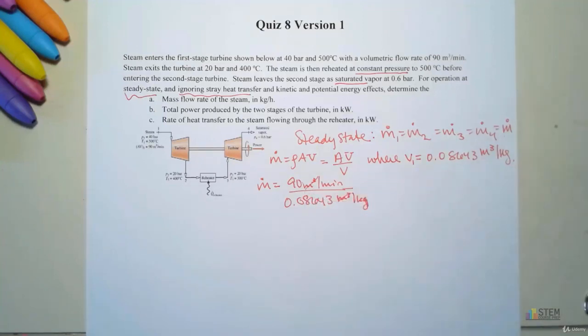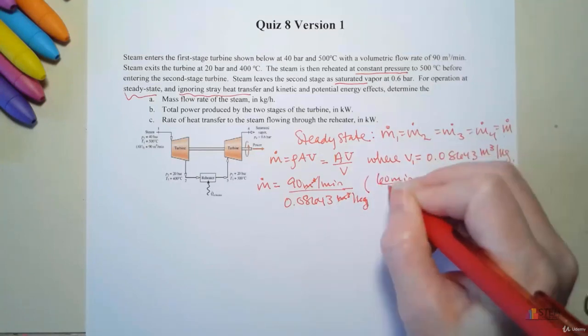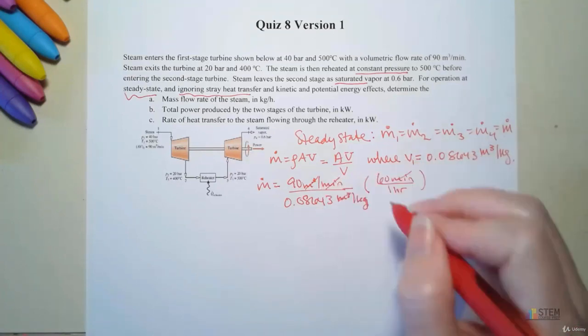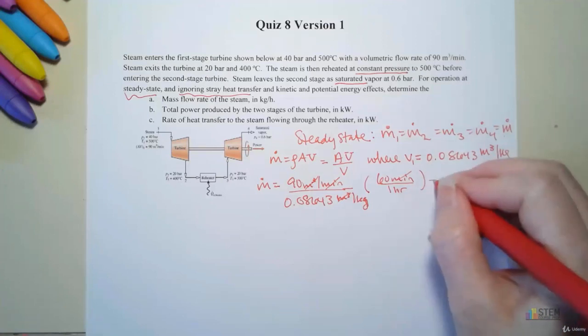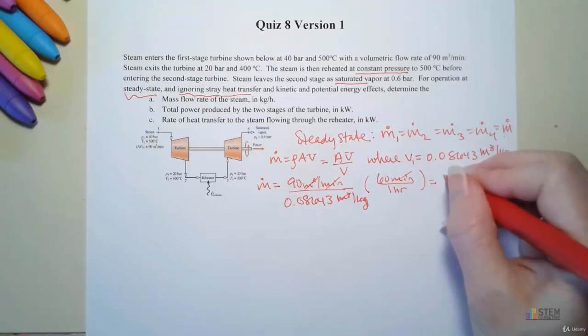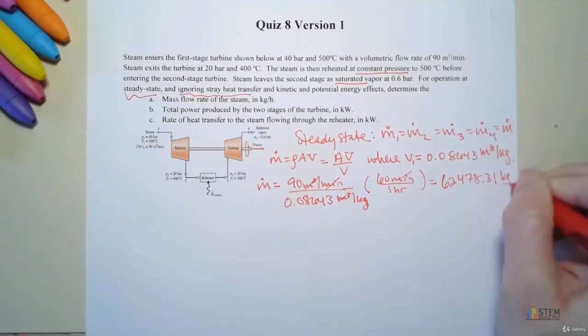Cubic meters goes away, but that's going to give us kilograms per minute. That's not what we want. We want kilograms per hour, so we need to convert. So we'll do 60 minutes per 1 hour. That'll take minutes away, and then that'll get the units we need. So that is 62,478.31 kilograms per hour.